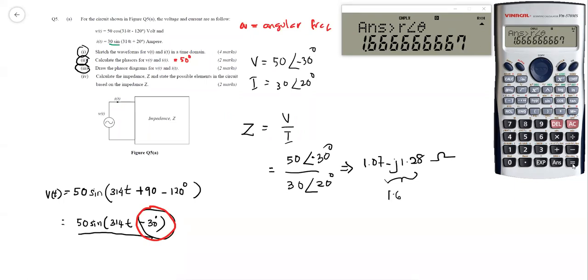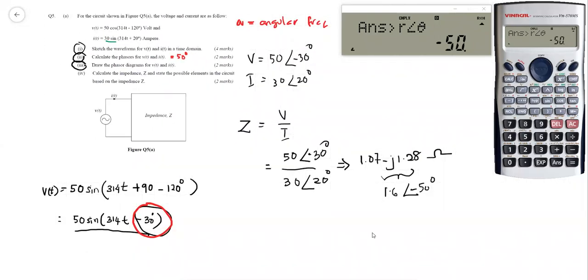This is the magnitude 1.6 with an angle of negative 50 degrees. But usually for the impedance, we always write it in rectangular form rather than polar form. We much prefer rectangular form.